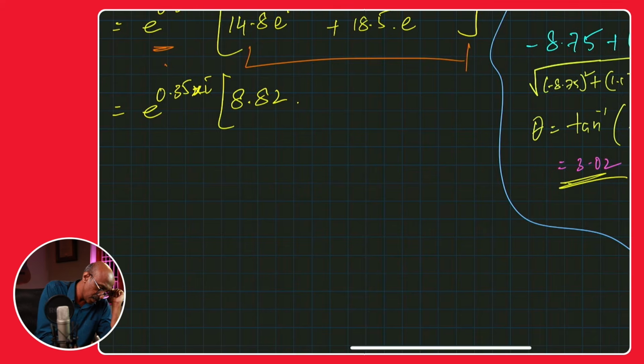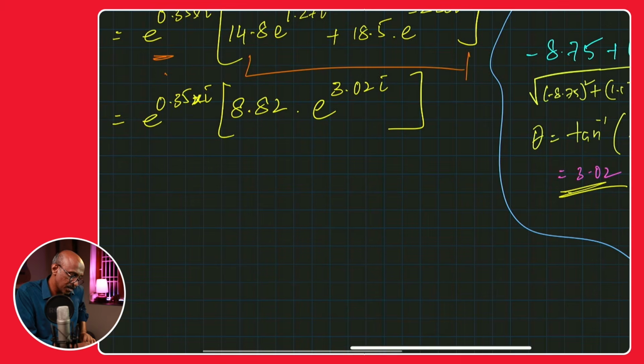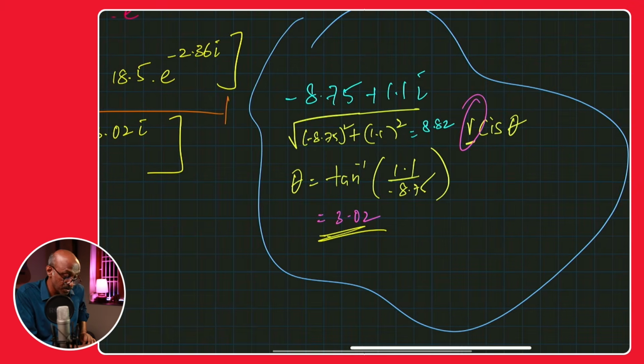So we will write it as e to the power of i, and the theta is 3.02. I hope that is clear. Okay, so let's just write it as 3.02i. Make sense? Okay, so that part is a cis theta, and hopefully you know the conversion between the polar form and the Euler form.